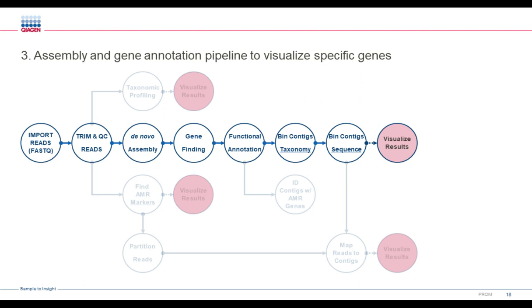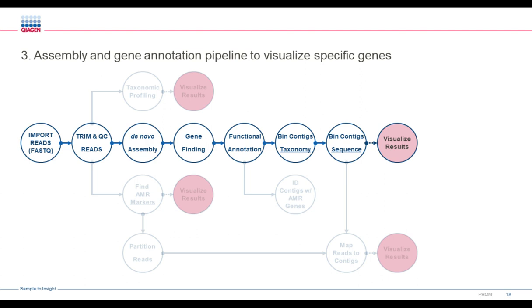So lastly, we are coming to the longer pipeline, which involves assembly, gene annotation, and binning of our assembled contigs, and then visualizing those results in various ways. This pipeline actually does take a bit longer to run. Altogether, it's about 40 to 45 minutes on average on my laptop, for this data.